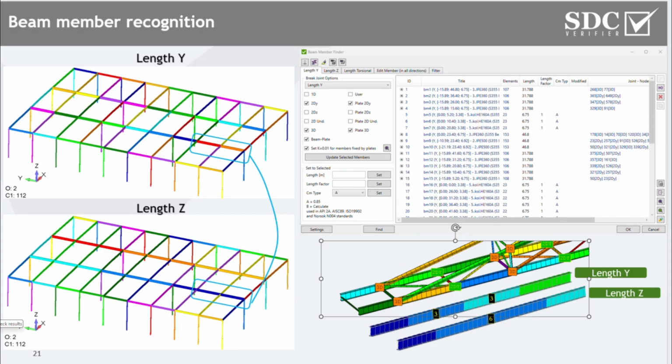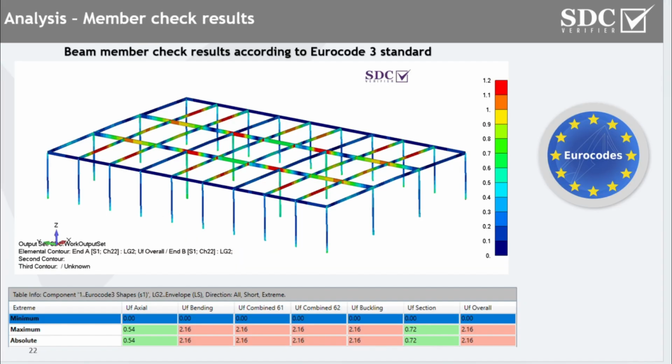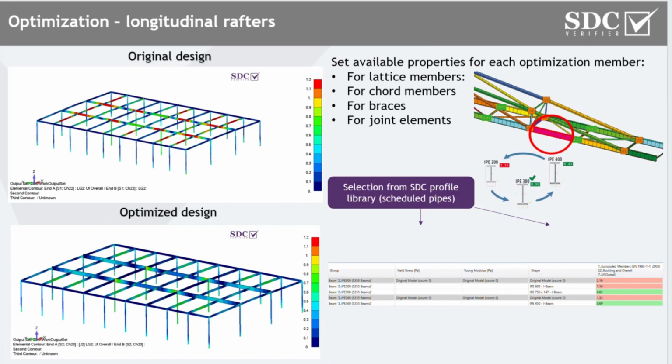So basically that's about the recognition, and after the recognition we can calculate our structural members in accordance with the Eurocode requirements. So this is the result for the steel structure. As you can see, some locations of the roofing beams do not pass the verifications, and for them optimization is required. So we can also execute the optimization for those beams.